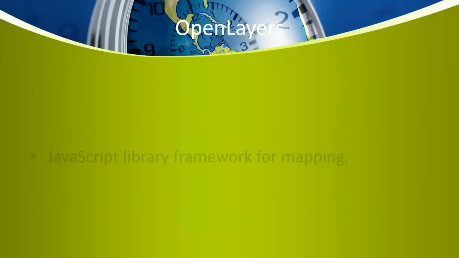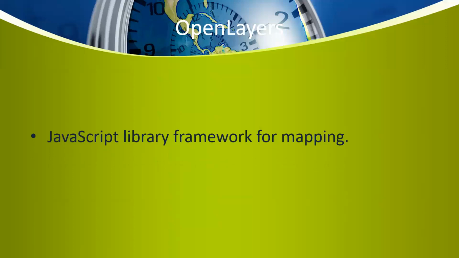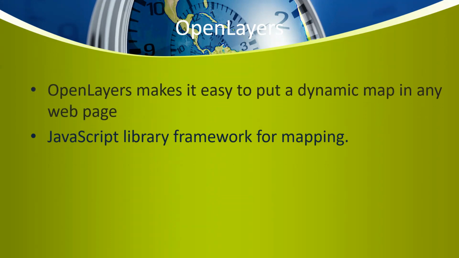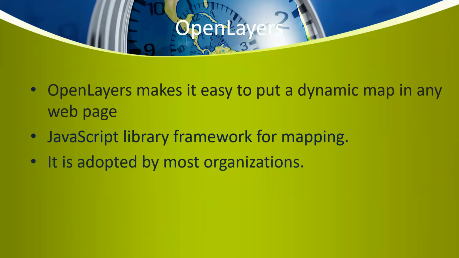Now we are going to look at OpenLayers, and for starters, OpenLayers can be referred to as a JavaScript library framework that is used for mapping. OpenLayers makes it easy to put a dynamic map in a web page, okay? Think of it as a library in which you can create a map and share whatever you are sharing through the internet.